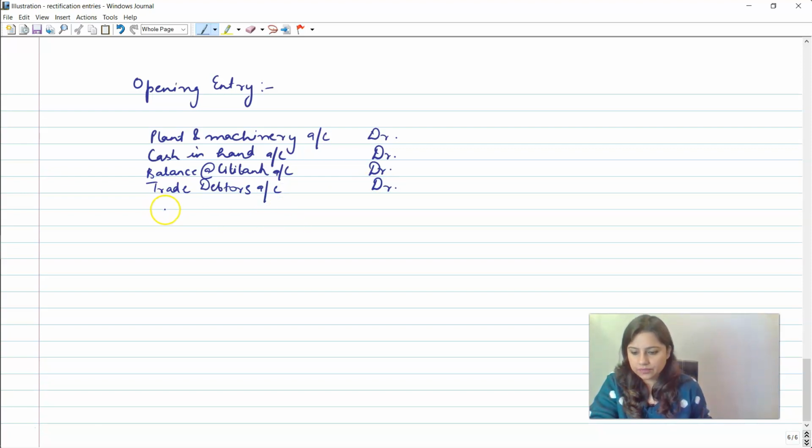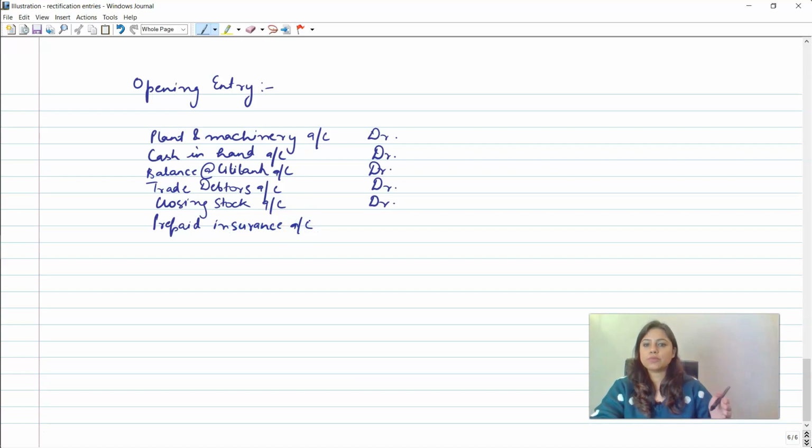Then again we have the closing stock account, which is to be debited. And then we have the prepaid insurance. So the major part, if you see, is to determine what would be debited and what would be credited. After that, you simply have to put down the entry and your entry will be correctly recorded.